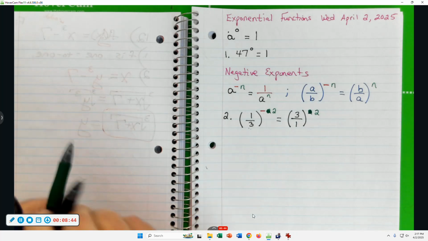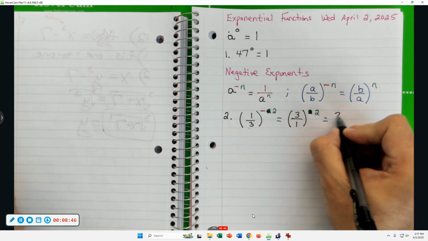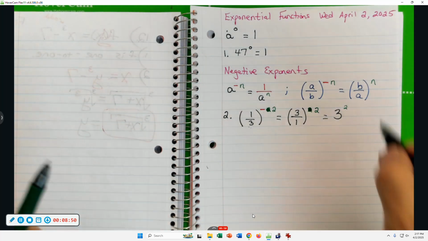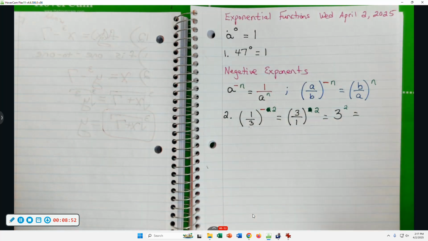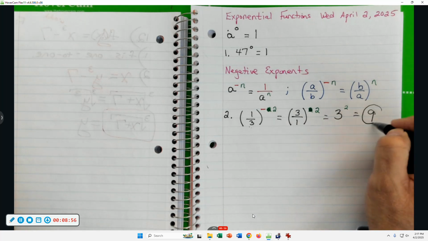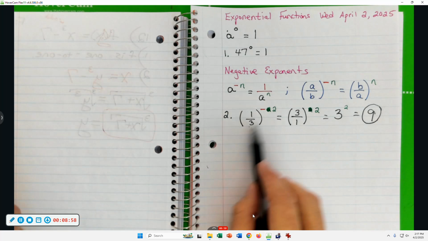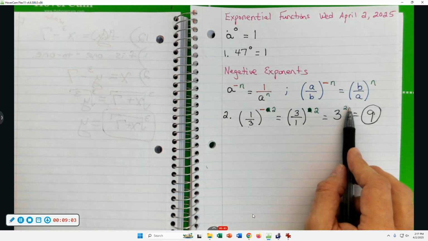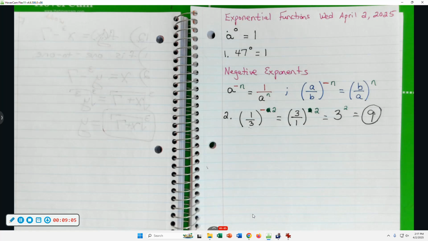Positive 2. That 3 over 1 I'm just going to think of as 3 squared, which is what? 9. So 1/3 to the negative 2 is just another way of writing 3 squared. Okay? So 9.